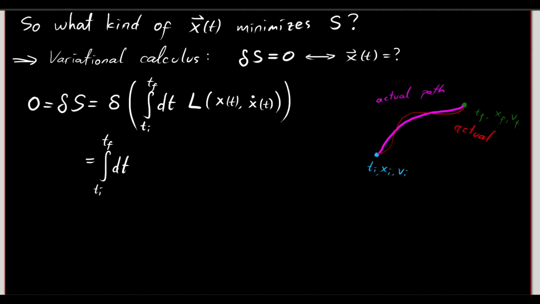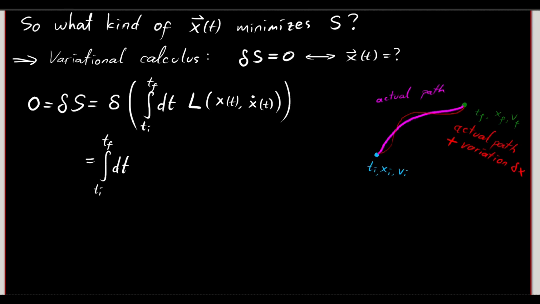If this is really the actual path, then if we add a small variation delta x to the path, the action S would not change, meaning we have found a path that minimizes S.